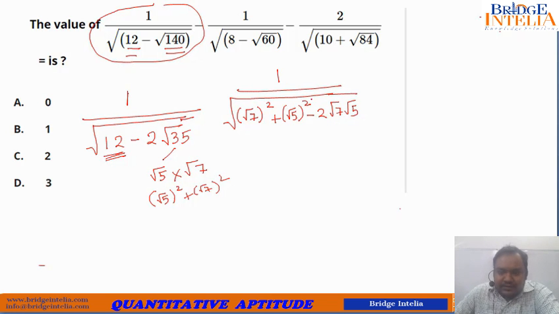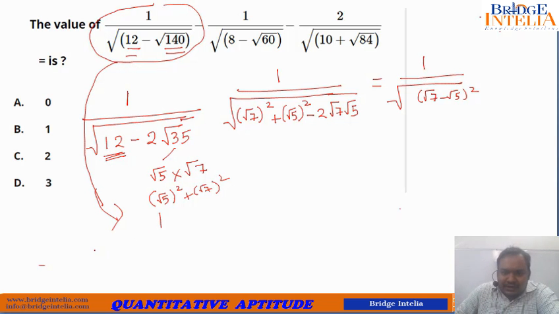This is how the first term can be written, which can then again be written as 1 upon under root of root 7 minus root 5 whole square. So the first term is basically 1 divided by root 7 minus root 5, because if you take the square root, the square would cancel out.